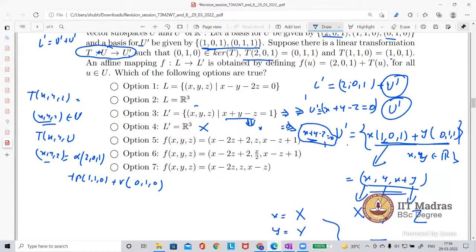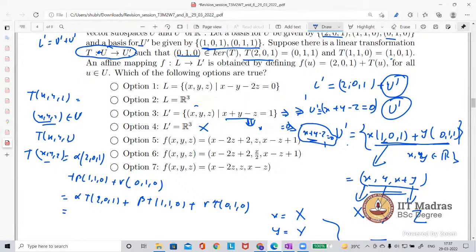When you apply T here, it means alpha times T of 2, 0, 1 plus beta times T of 1, 1, 0 plus gamma times T of 0, 1, 0. The last one is 0 because it belongs to the kernel.